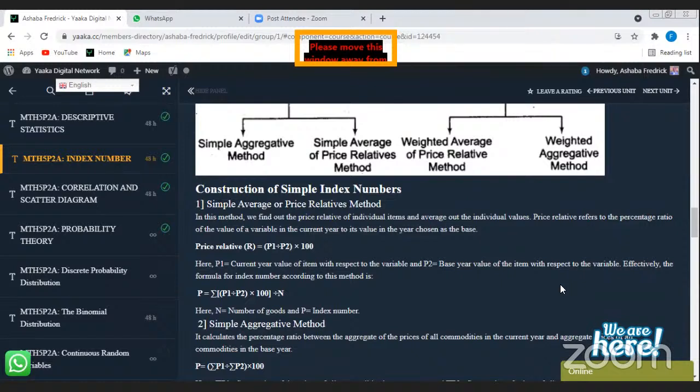The simple price relative is equal to current year price, which we abbreviate as Pn, divided by P naught, and then multiply this by 100.